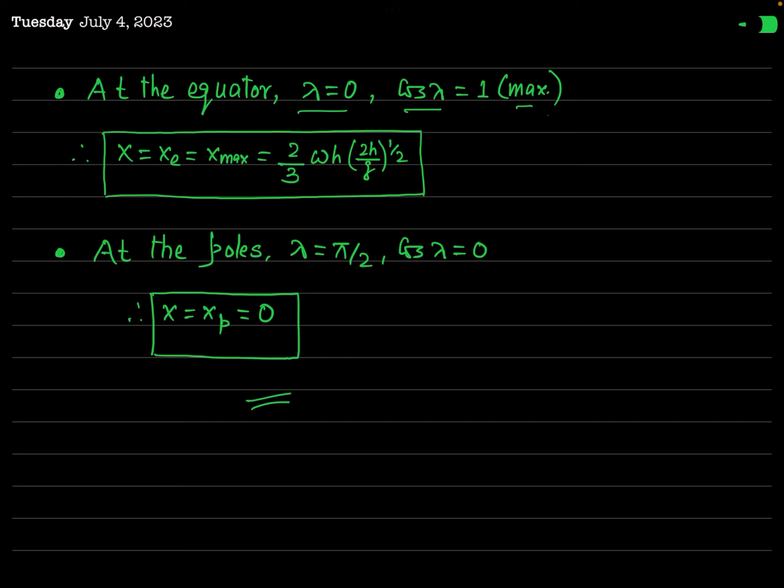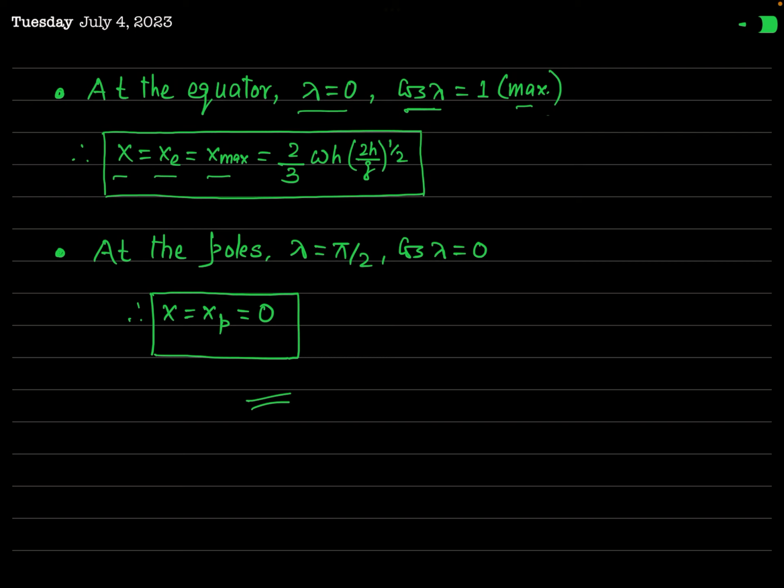So I have written here that in this case deviation x is equal to x_E, E for equator, and that will be equal to x max. We will simply put cos lambda equal to 1, and so the expression will become 2/3 omega h times (2h over g) to the power half. This is actually the maximum deviation suffered by a body when it is dropped from a height h above the surface of the earth. Whenever it is dropped from any other point, the deviation will be smaller than this value. This is the highest value.